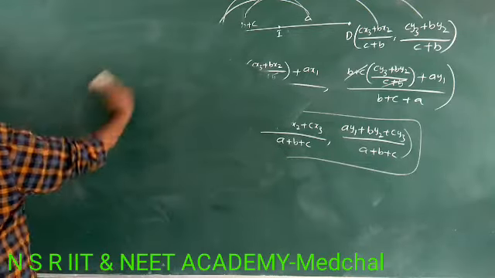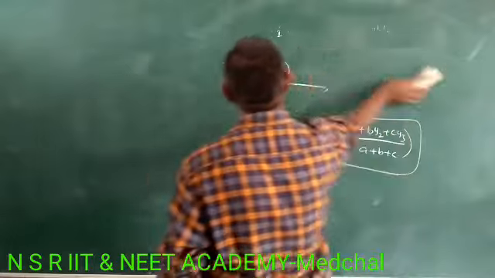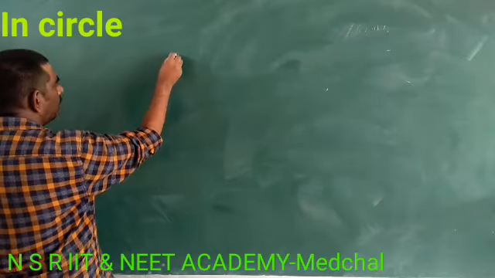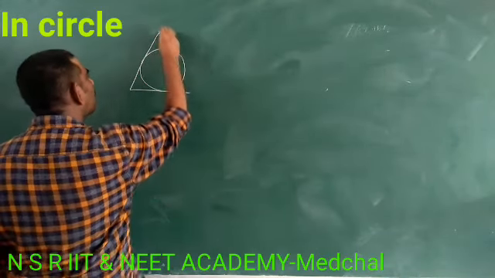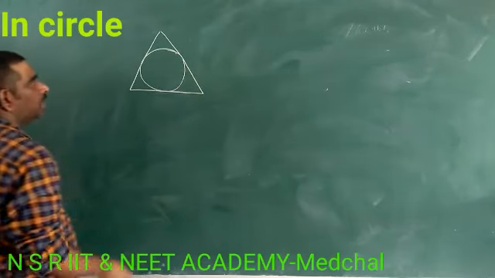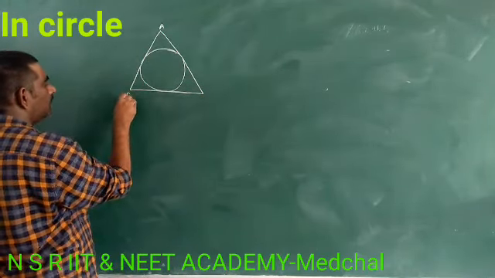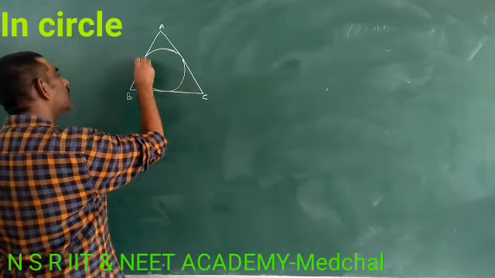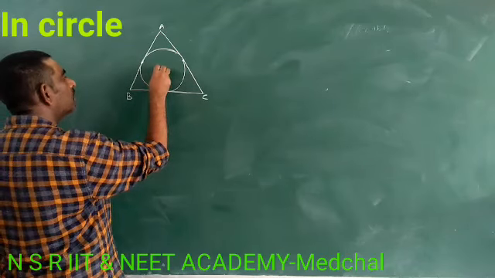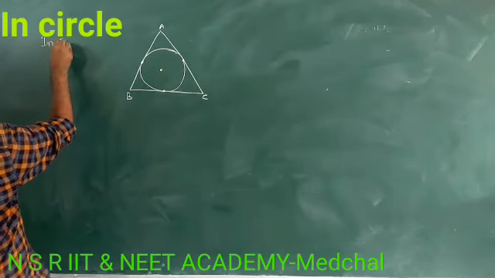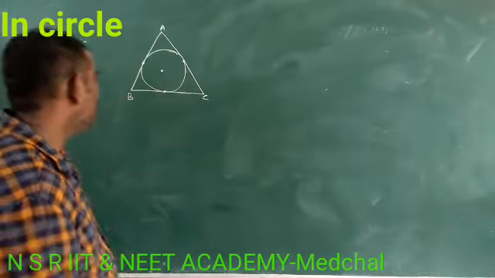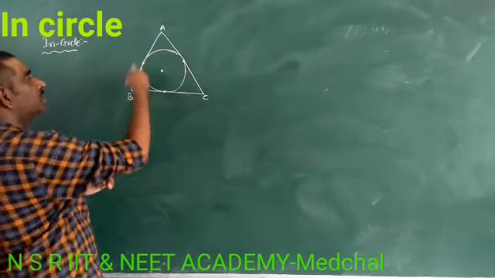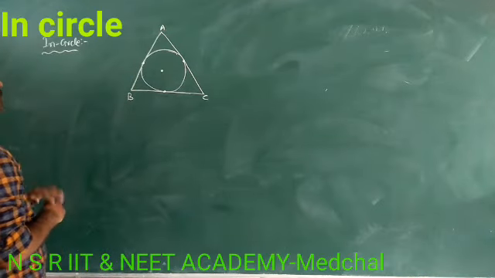In this in-center we have one small definition and one property, which is also very important. A circle that touches the three sides of the triangle inside is called the in-circle.